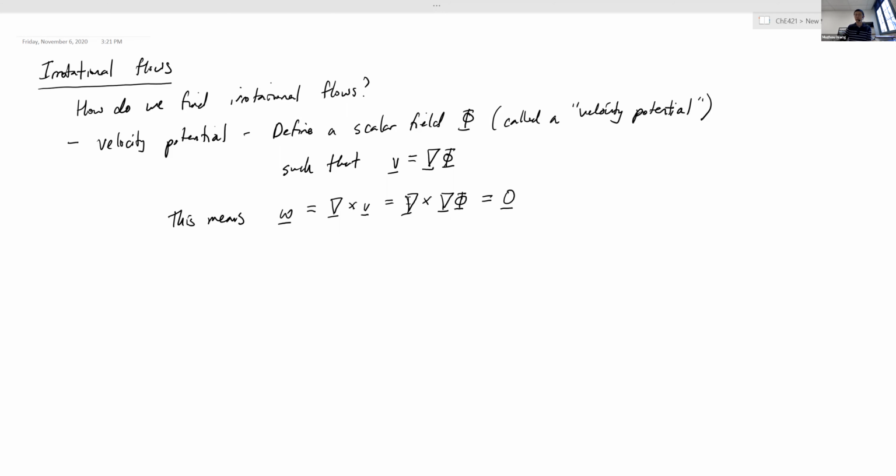This is an identity. The curl of a gradient is always equal to 0. If you don't believe me, we can go to the previous page where we showed this, or you can just look up your homework 1 or 2, something like that. Okay.